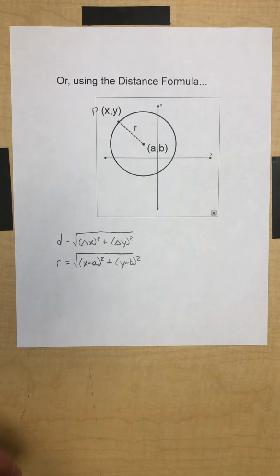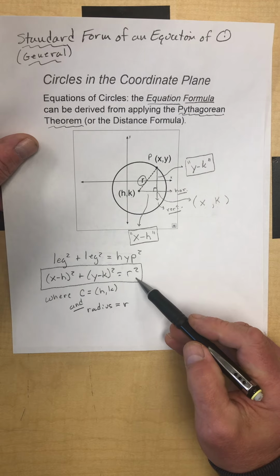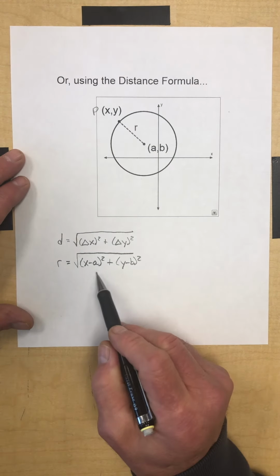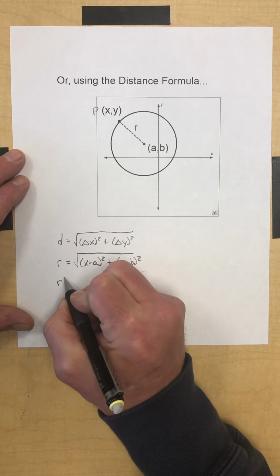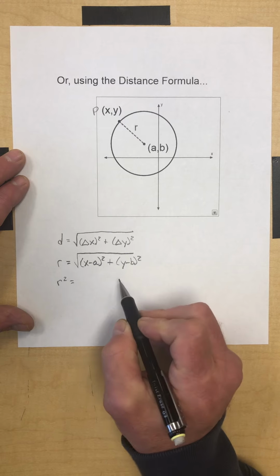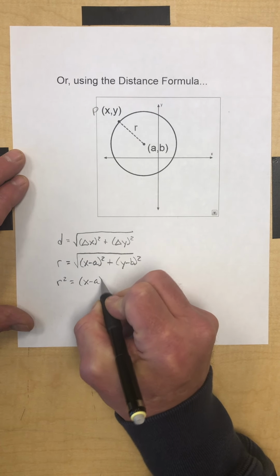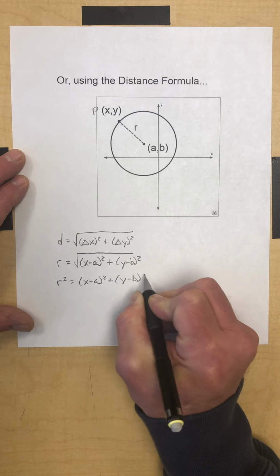Now, if we look at this final formula, obviously we do not have a square root in it, so I want to get rid of this square root. To get rid of the square root, I just square both sides. So I get r squared equals, and when I square a square root, I just get the radicand, so I have (x - a) squared plus (y - b) squared.